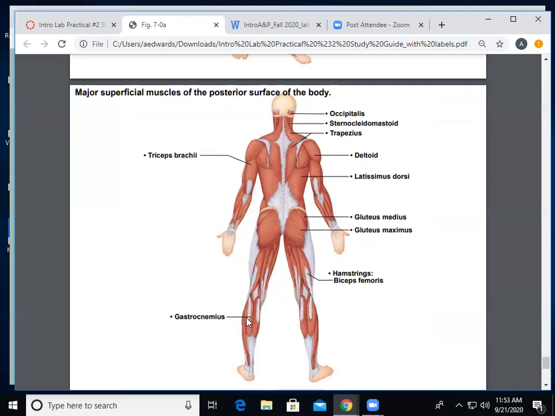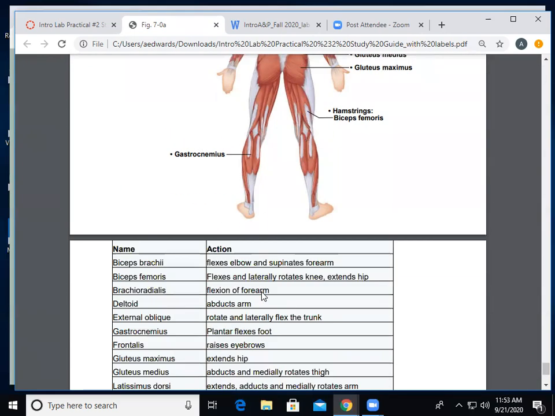Another view of the gastrocnemius. Okay. So there are lots and lots more muscles in the human body, but these are the ones that we want you to know, okay?